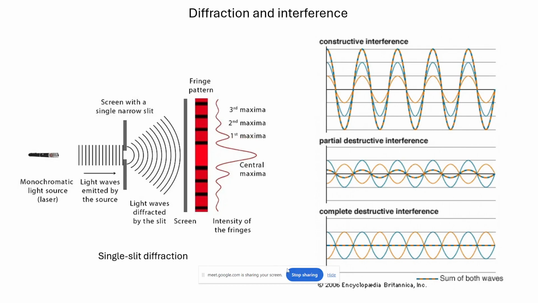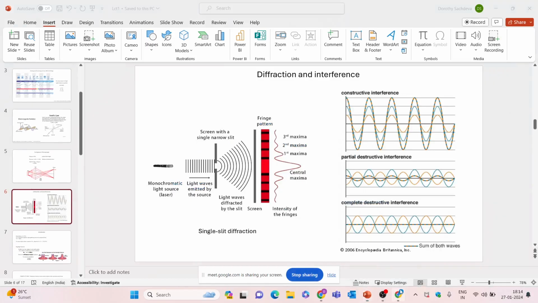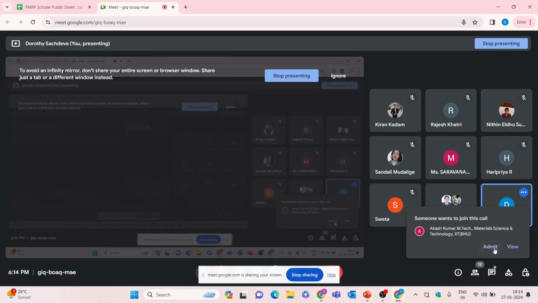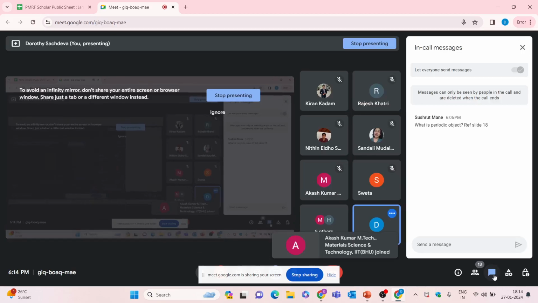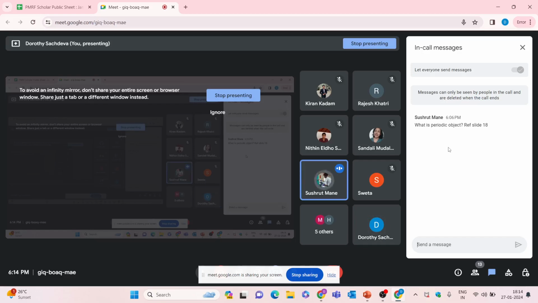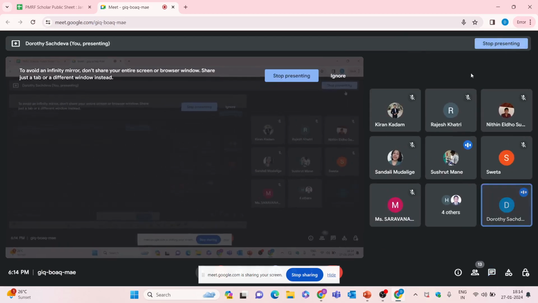Someone else is there, just a second. What is the periodic object? Slide number 18, which slide are you talking about? Lecture slide.